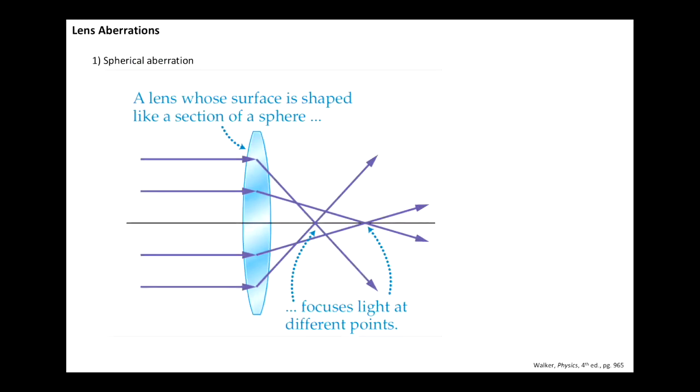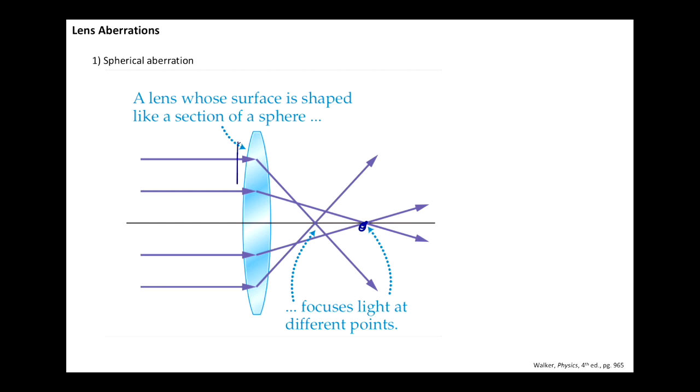So a couple of issues with lenses that you may sometimes see that I just want you to be aware of. Spherical lenses, just like spherical mirrors, have some issues with blurriness. If the rays hitting the sphere are too far away from the principal axis, you're going to end up with focal points that are different for different light rays.